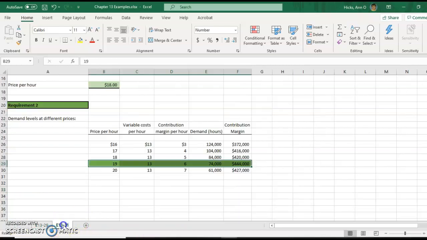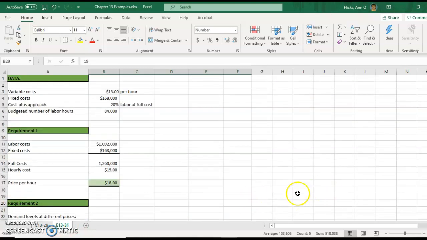Okay, let's look at this other example, which is also in your textbook. It's E13-31. In this case, we have a labor contractor. They supply contract labor to building construction companies. And for the year in question, they have budgeted to supply 84,000 hours of labor.